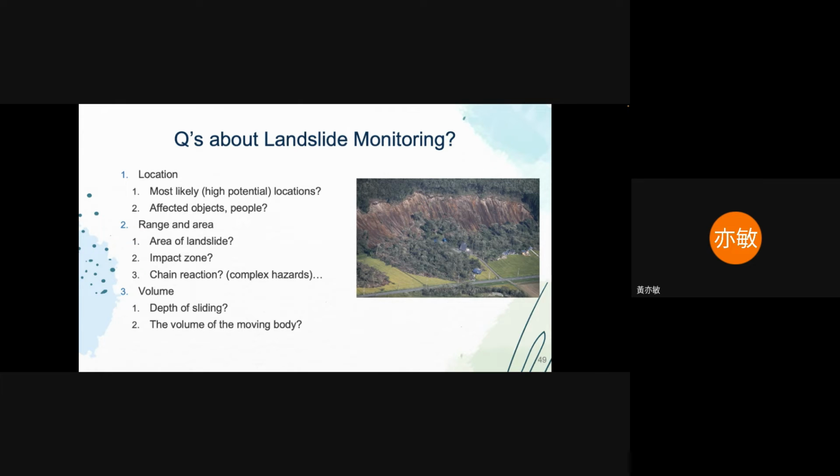We want to estimate the volume of the landslide. Sometimes we worry about how it will be in the future, and for that question, we need to prepare ourselves. Whenever it occurs, we need to find something to help us clean up the landslide debris.